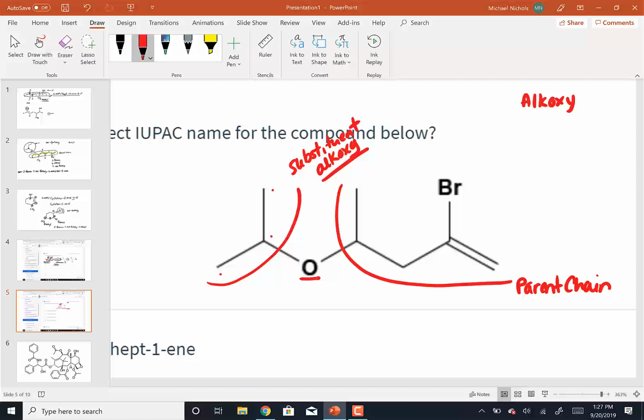Does that make sense? And once I have that alkoxy group named, it's no better or worse than bromo or methyl or isopropyl. It's just like an alkyl group.